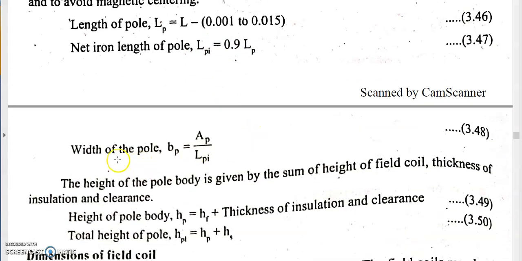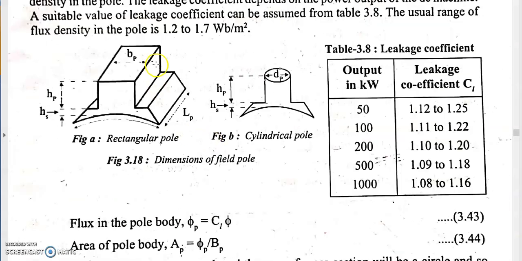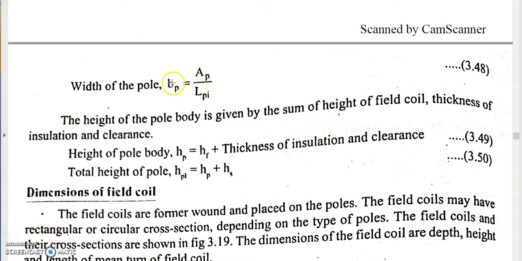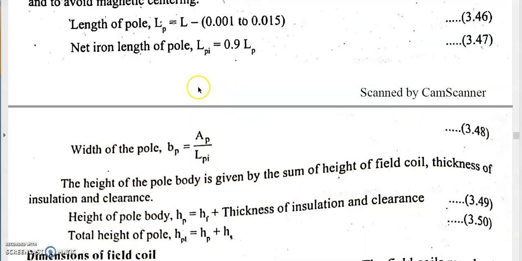Then the area of the pole with respect to the dimension is BP multiplied with LPI, the net length. The area of the pole is already known to us, and LPI we are calculating, the length of the pole, so that also becomes known to us.